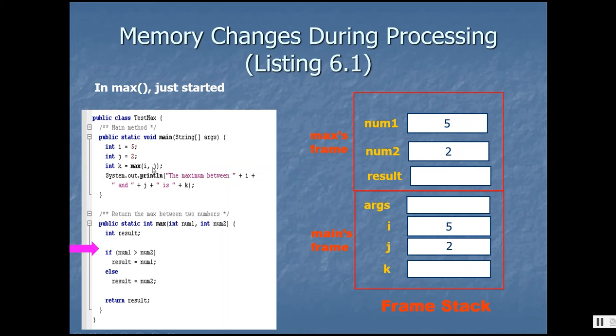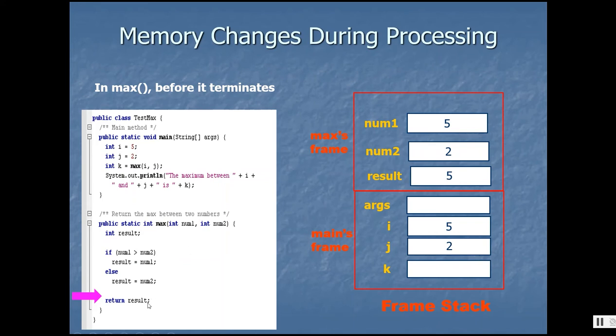And when the call took place, a copy of what was in i, this 5 right here, was placed in num1. Num1 is not the same thing as i. It has a copy of what's in i. And similarly, num2 has a copy of what's in j. Then the execution takes place here. Our if statement happens, and obviously num1 is greater than num2, so the result winds up being a 5, and we're about to return.